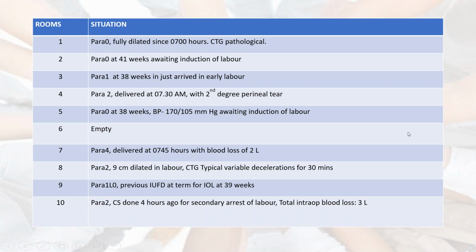In room number 5, as the patient is hypertensive, I would ask the midwife about the details of her antenatal record and her current blood pressure, as well as the proteinuria.